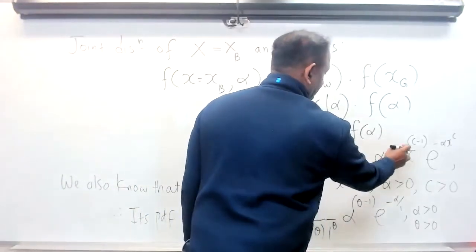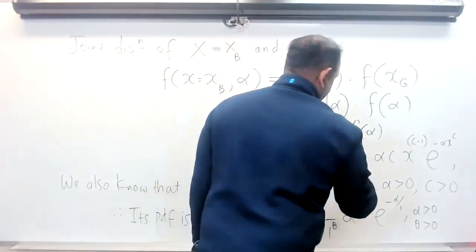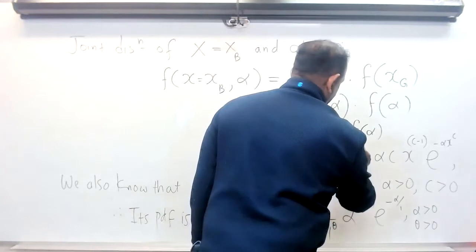Alpha c xb to the power of c minus 1 e to the minus alpha xb to the power of c.